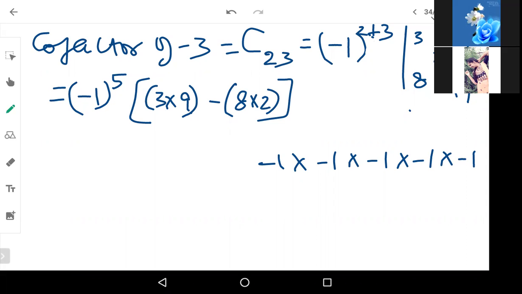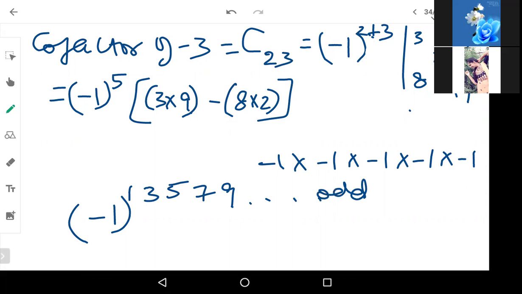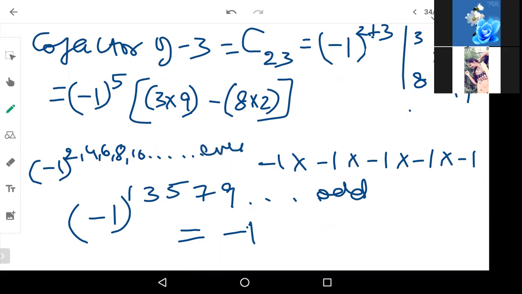Another easy way: when minus 1 is raised to 1, 3, 5, 7, 9 and so on, any odd number, you will get minus 1 only. And minus 1 raised to 2, 4, 6, 8, 10 and so on, that is even numbers, you will get plus 1.